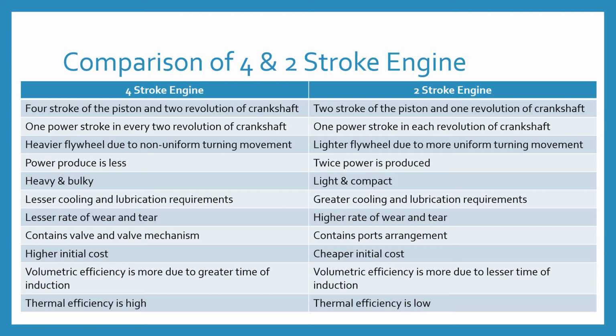In the 2-stroke engine, there is a greater cooling and lubrication requirement. In the 4-stroke engine, there is a lower rate of wear and tear, and in the 2-stroke engine, a higher rate of wear and tear. The 4-stroke engine contains valves and a valve mechanism, and the 2-stroke engine contains only the port arrangement.